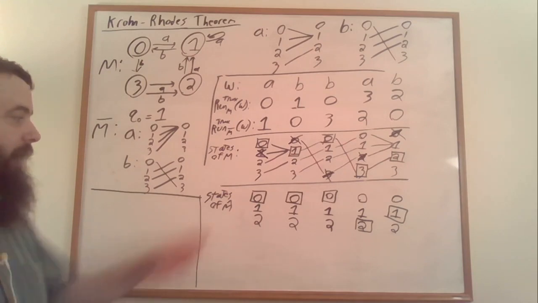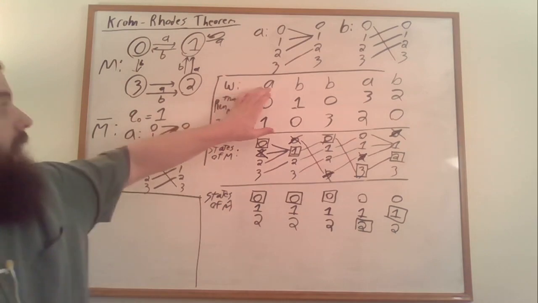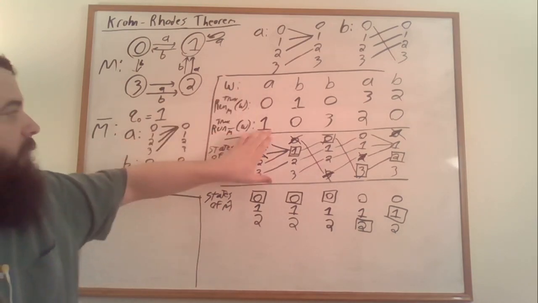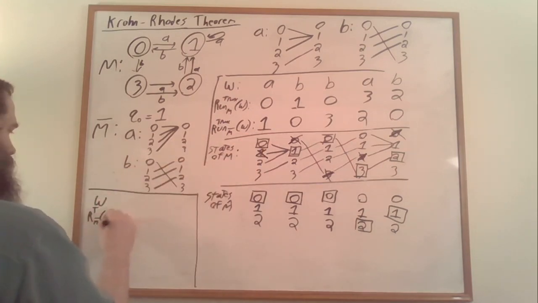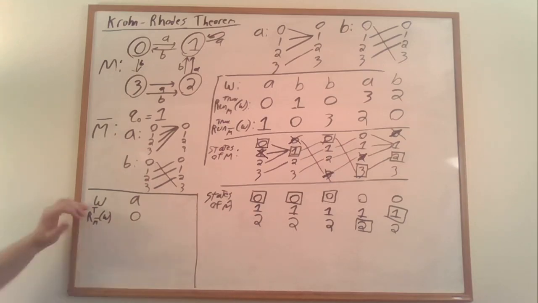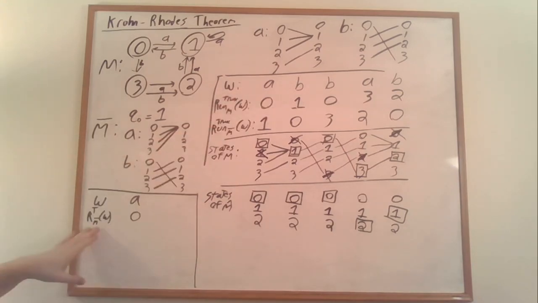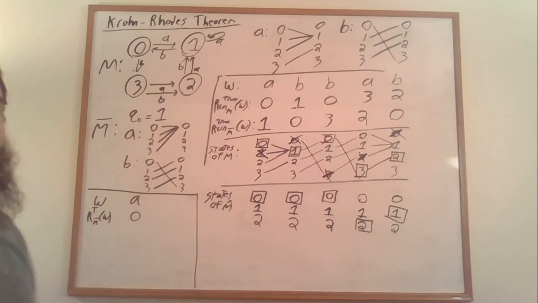The input characters to m hat are going to be a combination, one character from our original word w and one character from the truncated run map of m bar. So suppose that m hat reads in at some point the fact that we've inputted the character a in our original word, and m bar is keeping track of the fact that we were not in state 0 before reading that a.